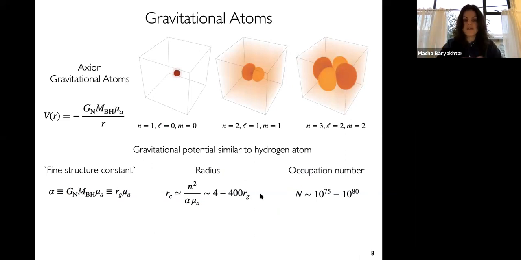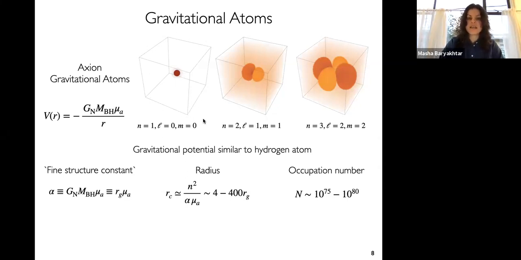So we all know how to solve this problem, at least in the approximation where we're far away from the horizon. It's a 1/r potential, and that reminds us of the hydrogen atom in first year quantum mechanics. So we can solve for the energy density of these axion bound states for different quantum numbers n, l, m, where n is the principal and l and m are the angular numbers.